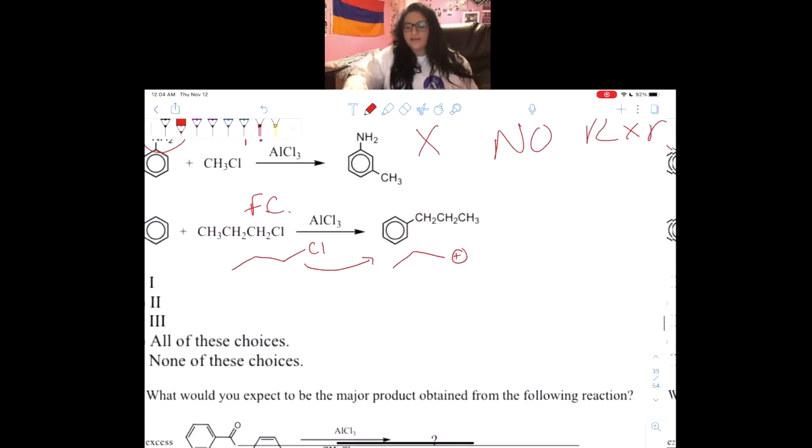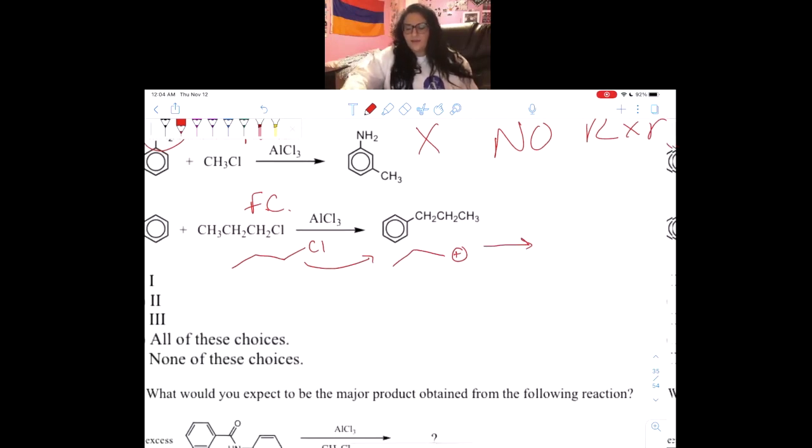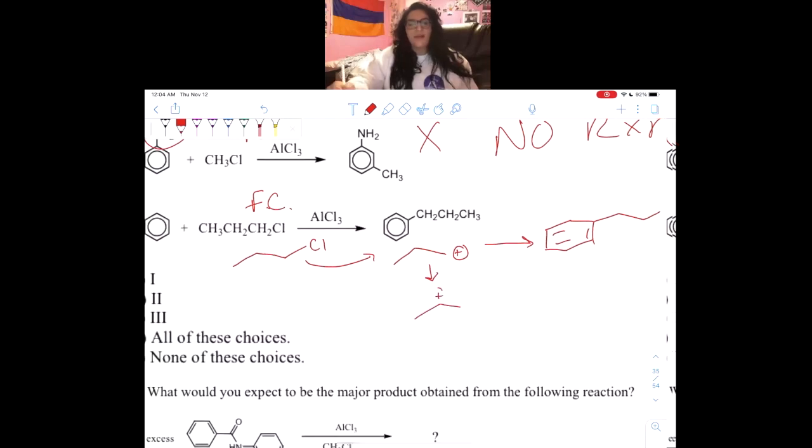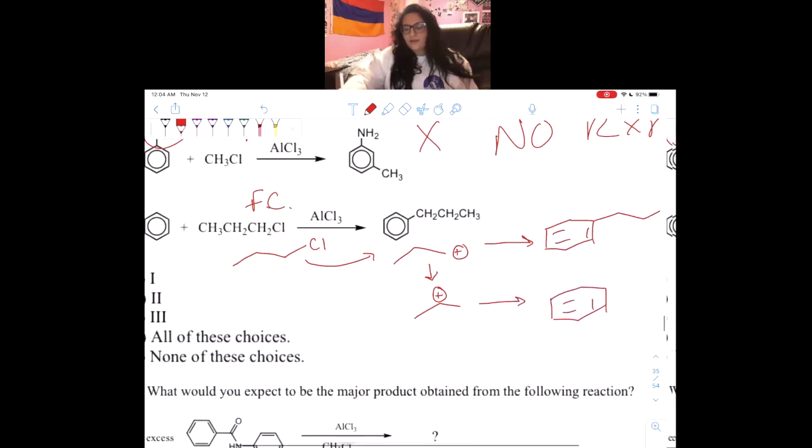And in this answer choice, they added the carbocation as is. But we know that this carbocation can actually undergo a rearrangement, become secondary, and then add to the benzene ring like this.